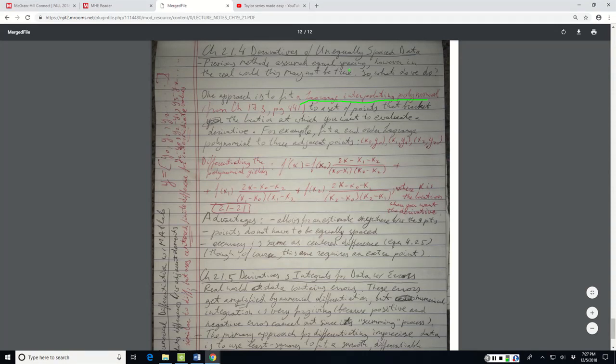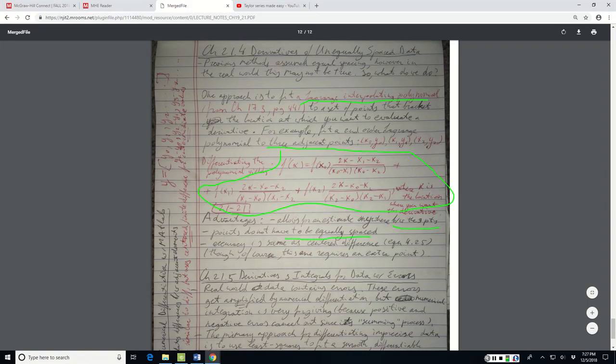So for unequal space data, they just fit a Lagrange polynomial through that data, and then they differentiate that polynomial to give you the equation which you used on the homework. So it allows you to estimate the derivative anywhere between 3 points.